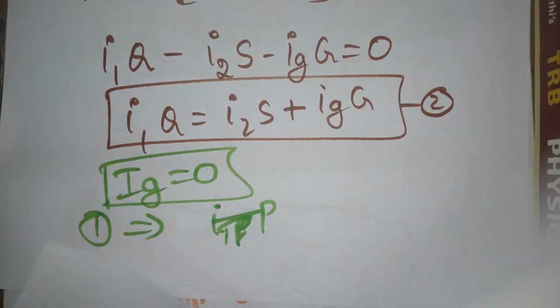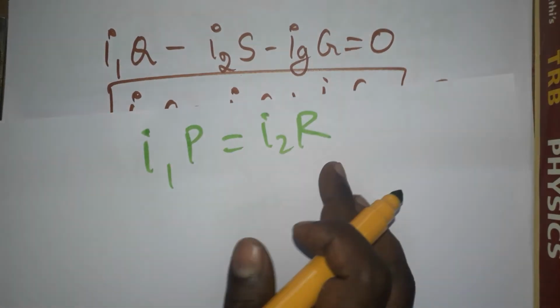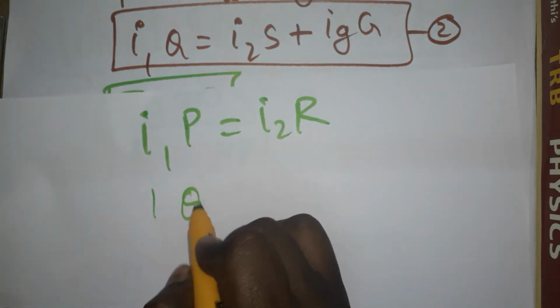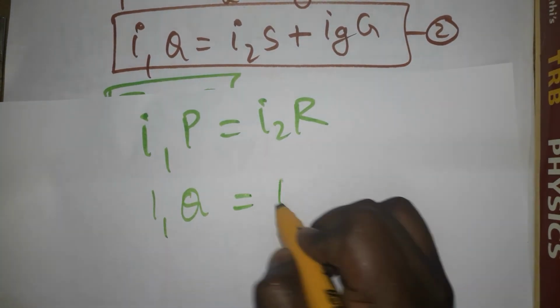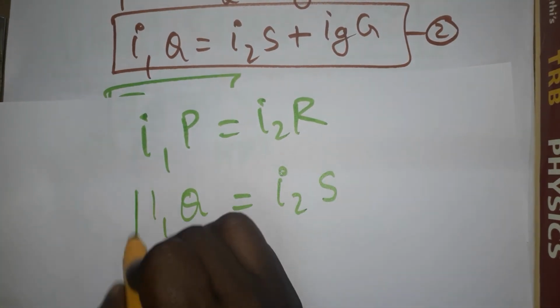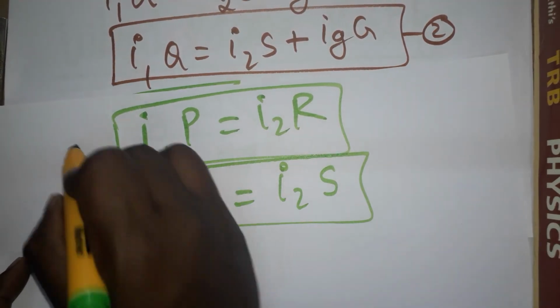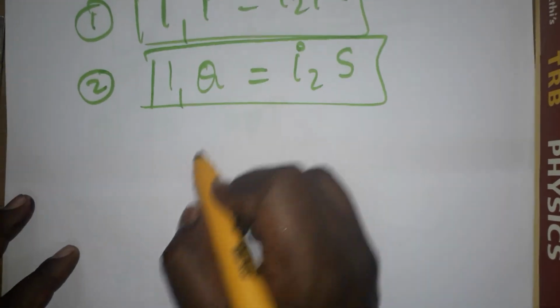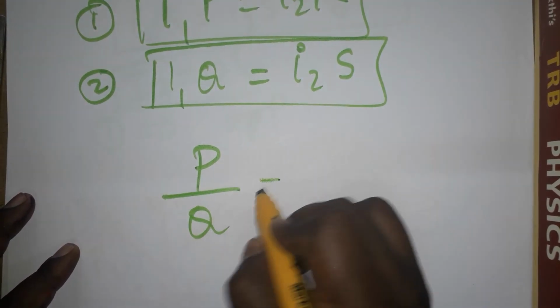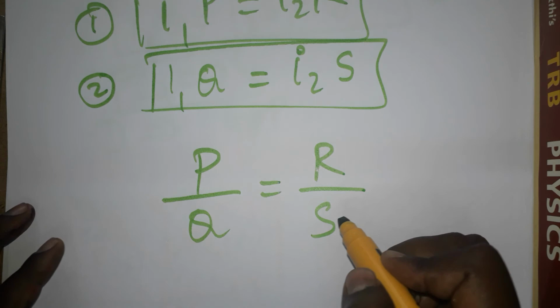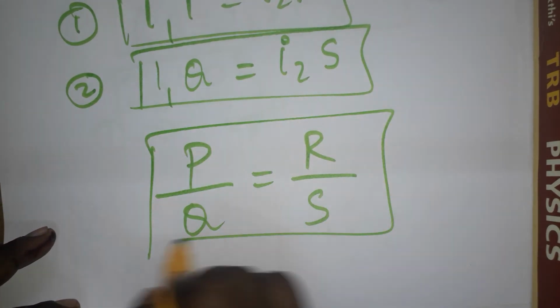In equation 2, when Ig is 0, I1Q is equal to I2S. Now equation 1 divided by equation 2 gives P by Q is equal to R by S.